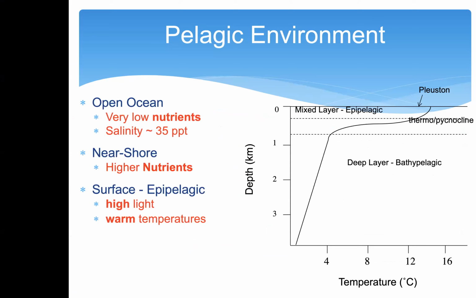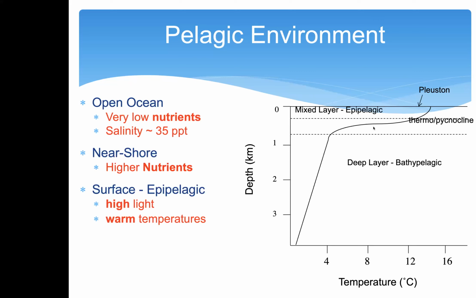We have a similar term in the epipelagic, like we had the epilimnion, which is the mixed layer. It's also often high in light, and so it's sometimes referred to as the photic zone. That's where light is going to be penetrating in terms of serving its important role. It'll also be warmer, of course.